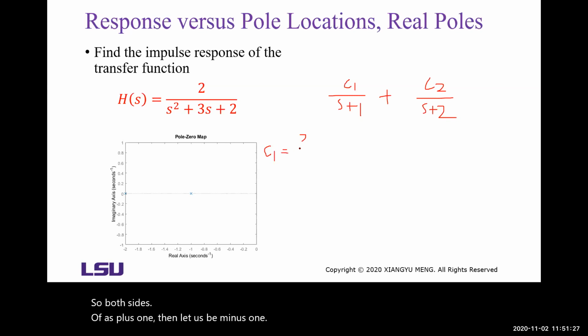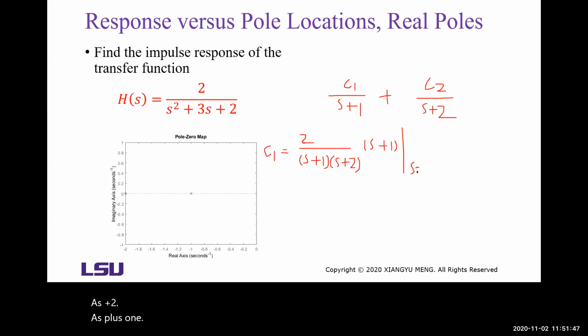C1 equals 2 over (s + 1)(s + 2) multiplied by (s + 1), with s equal to minus 1. Then we can cancel s + 1. If s is minus 1, then we know C1 is 2.